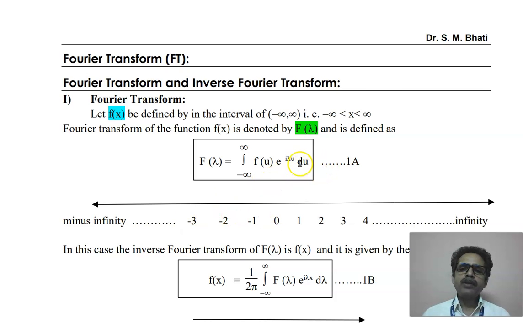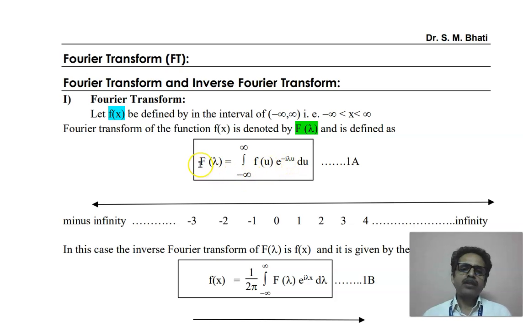Now because here u is a variable of integration, when you carry out actual integration in right hand side from the limits minus infinity to plus infinity, you will find that the right hand side will be a function of only lambda. Note that here u is a variable of integration and lambda is constant for integration purpose.